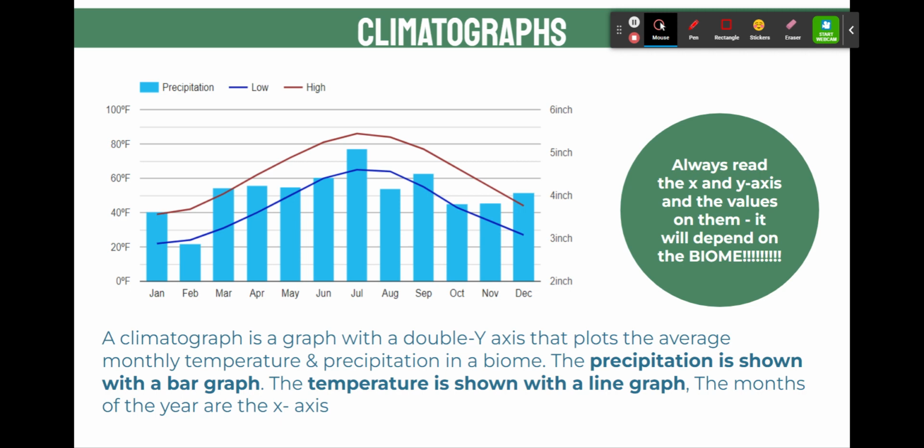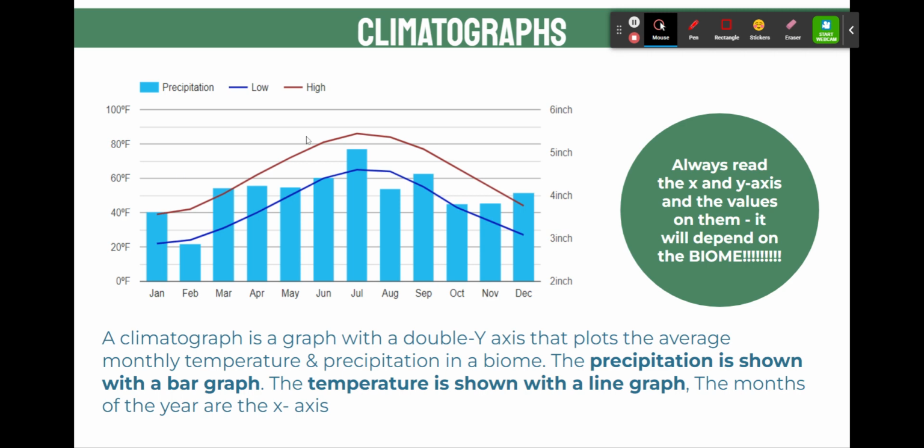Some of them may look very similar, but you have to look at the values of the x and y axis, particularly the double y's, because they might look similar, but if you look at the values, okay, our highest value here is 100, with the highest average temperature being in July, hovering right below 80. So this might look similar to maybe a tundra, but a tundra y-axis for the temperature is going to be a lot lower.